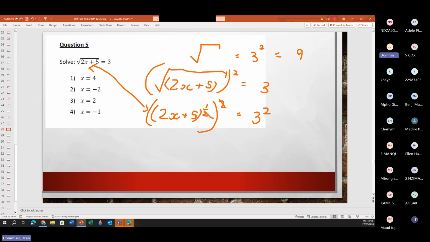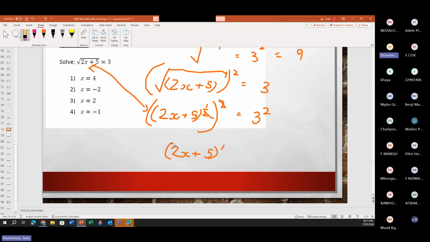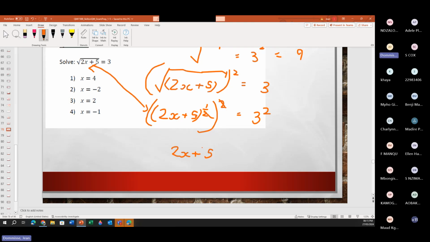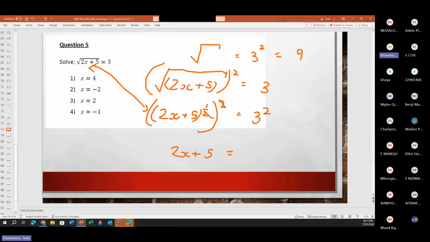That and that on the left-hand side will cancel out, so that we sit with 2x plus 5 to the power of 1, which is just 2x plus 5. And then on our right-hand side, 3 to the power of 2 is 9.